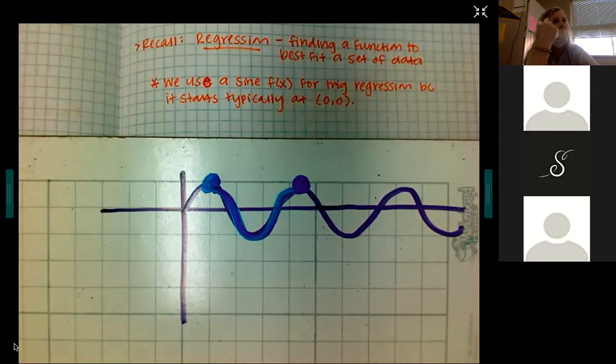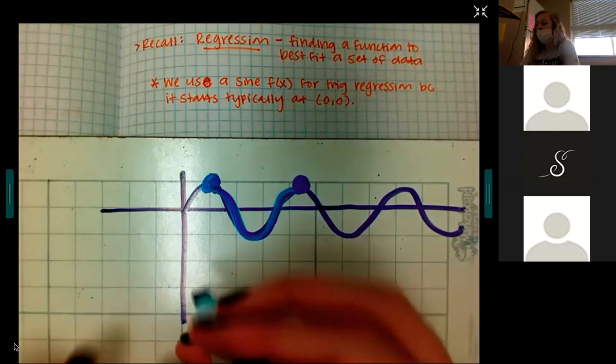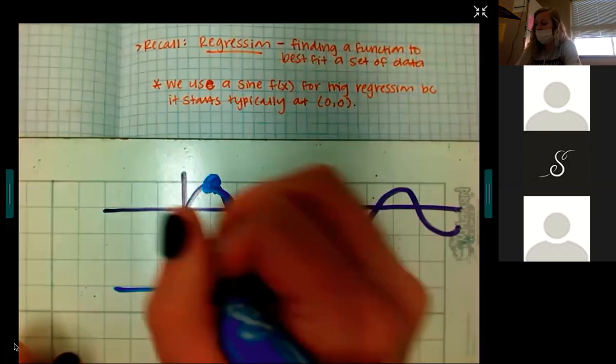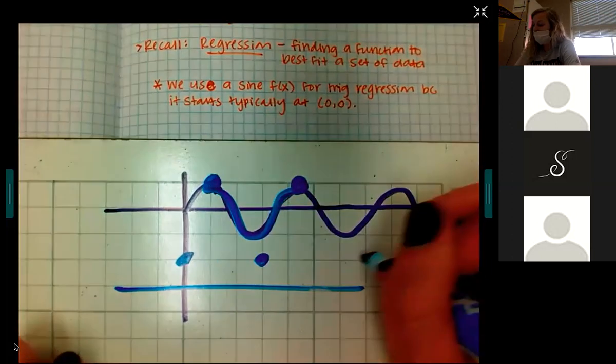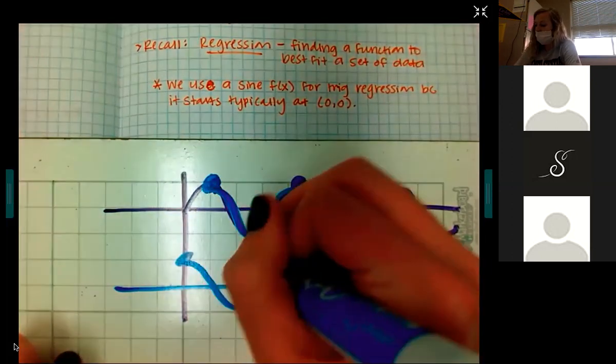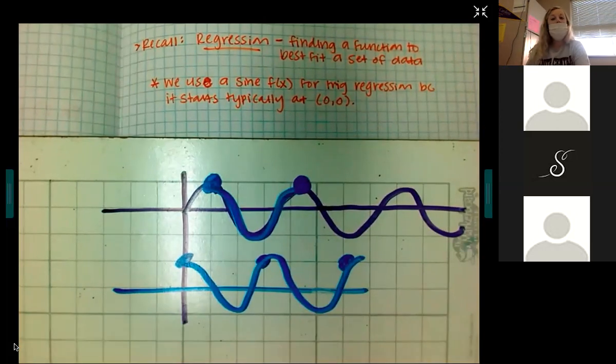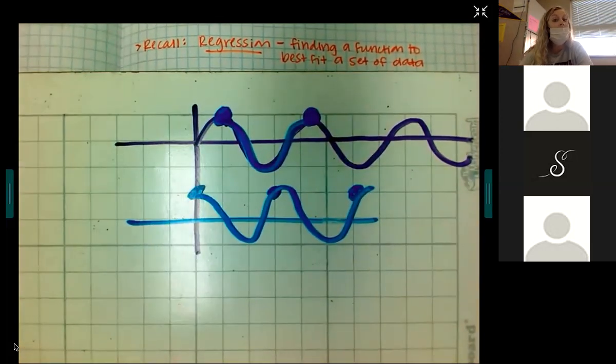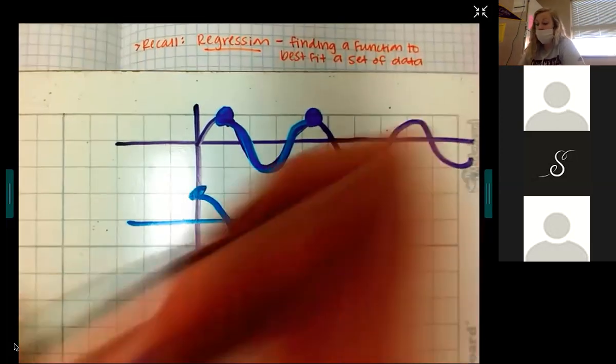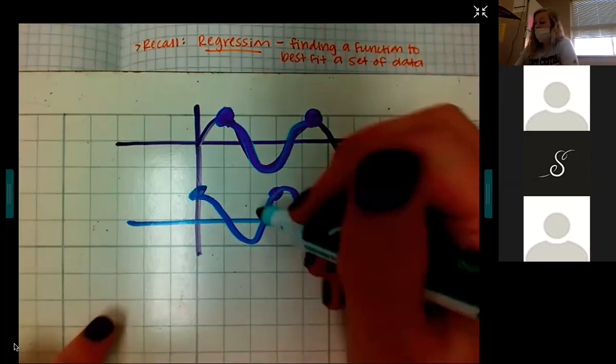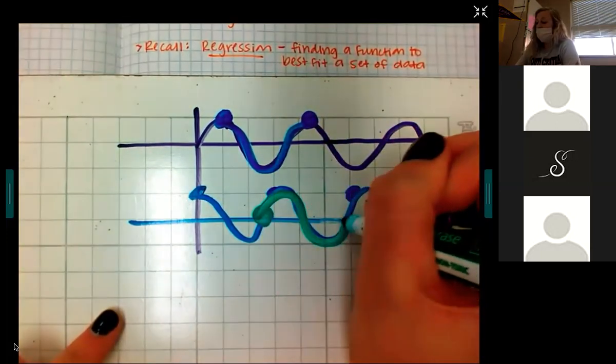So even if you're in your head, you're like, okay, I feel like this should be cosine. Doesn't matter, because even if it looked like cosine, you could pick part of it and write a sine function for this part.